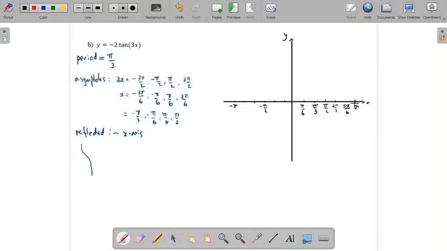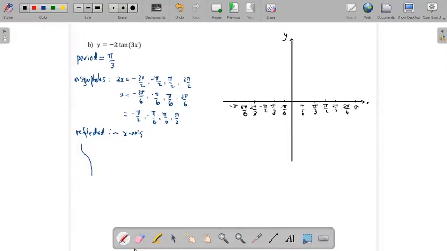Okay, and then mark in our relevant points. Okay, so even though they're in sixths, we write our labels here in their simplest form.